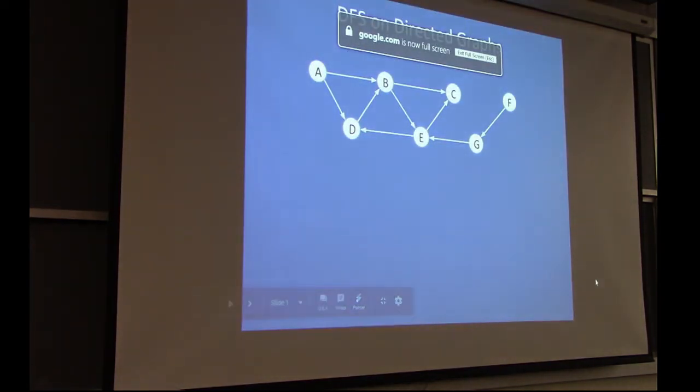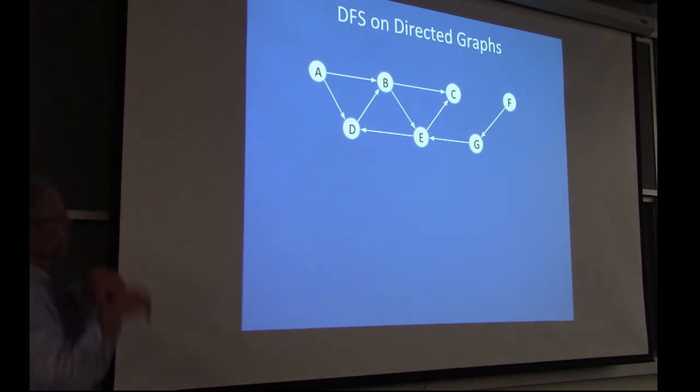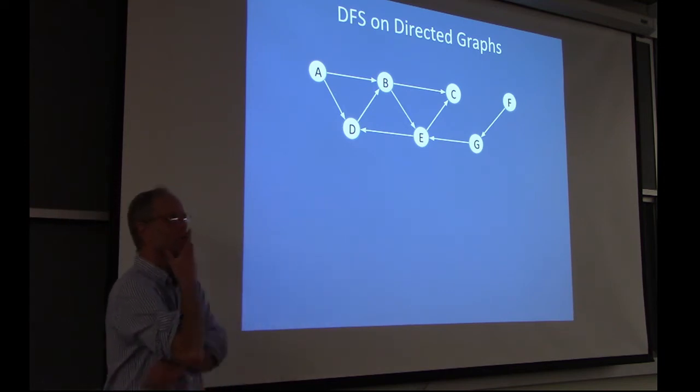Okay, so let's consider depth first search on a directed graph. It works just the same way, it's the same algorithm as for an undirected graph. But with directed graphs, you're not going to be able to, for example, find the connected components with that algorithm we used before, because it's kind of hard to define what a connected component is.